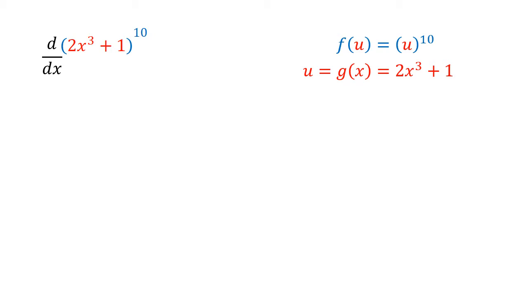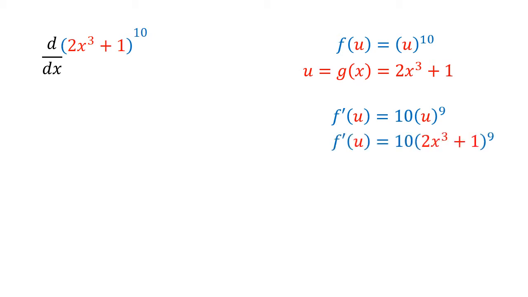So the derivative of f, u to the power of 10, with respect to u, or f prime of u, is 10 times u to the power of 9. Plug in u equals 2x cubed plus 1, we have 10 times (2x cubed plus 1) to the power of 9. And du by dx, or g prime of x, is the derivative of 2x cubed plus 1, which equals 6x squared.